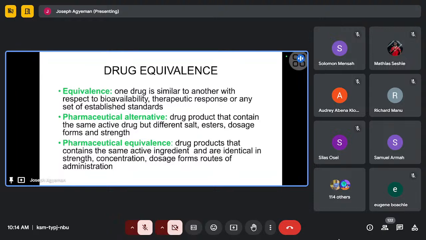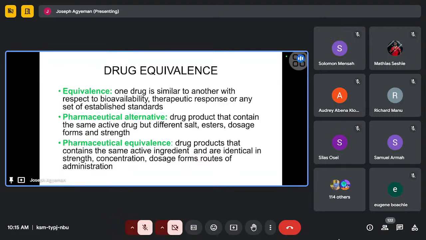Then you have pharmaceutical equivalent. When do we say that two drugs are pharmaceutically equivalent? So drug products, again, that contain the same active ingredient. And this time, they are identical in strength, concentration, dosage forms, and route of administration.